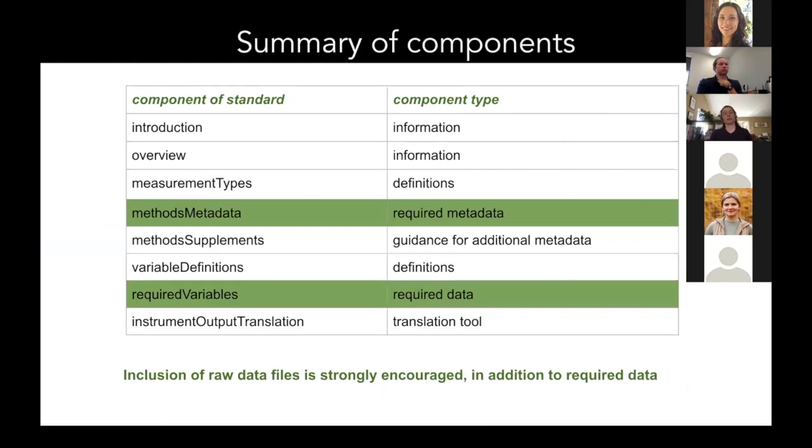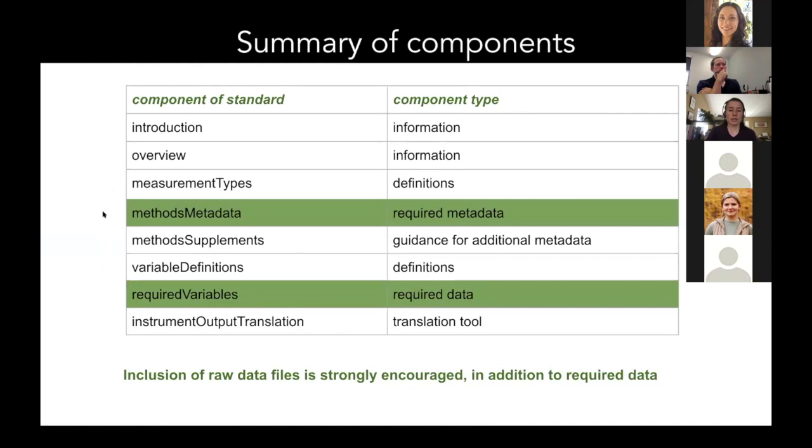Okay, so just to summarize those different components, we have some introductory how to understand the standard sections, the measurement types definition, metadata requirements, supplemental metadata guidelines, variable definitions, required variables for specific data types, and a translation tool for instrument output.